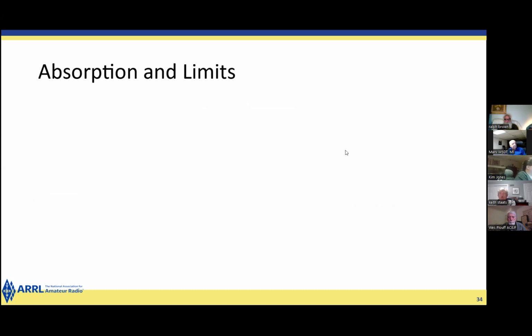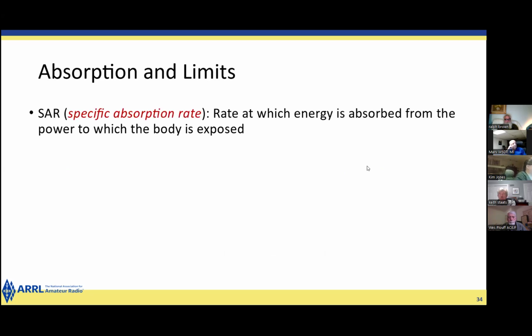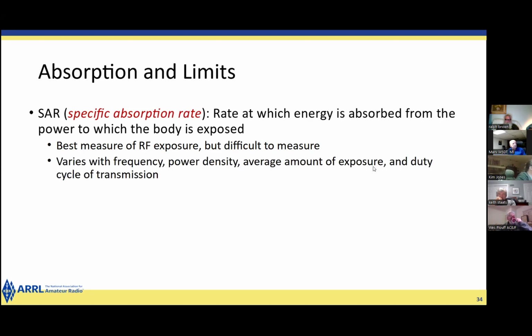So looking at absorption and limits, the specific absorption rate, which is the rate at which energy is absorbed from the power to which the body is exposed, is the best measure of RF exposure, but it's difficult to measure because it varies with frequency, power density, the average amount of exposure, and duty cycle of transmission.